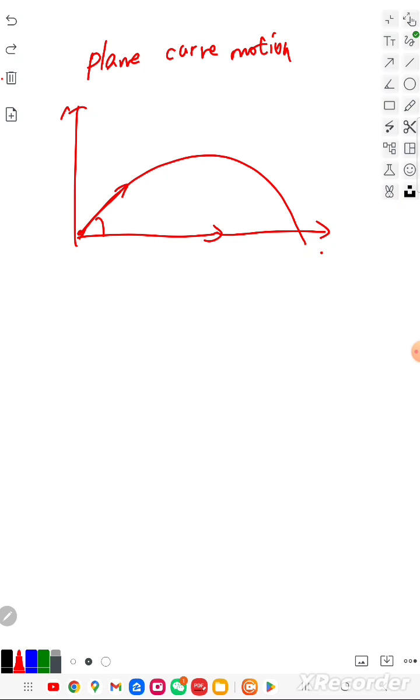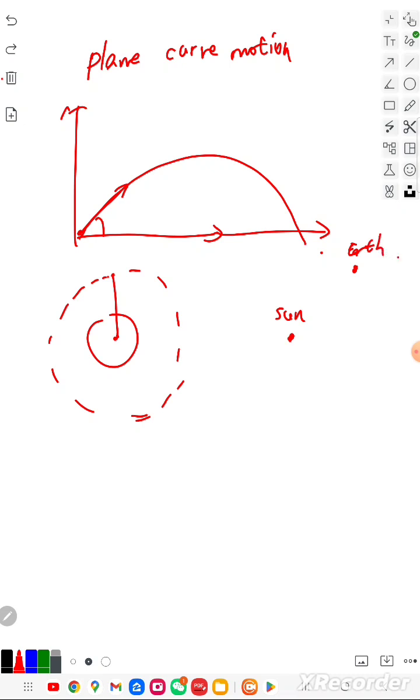Or consider a satellite moving around the Earth in an ellipse. The Earth is going around an elliptical orbit relative to the Sun, with the Sun at a focus. And those are all plane curve motions.